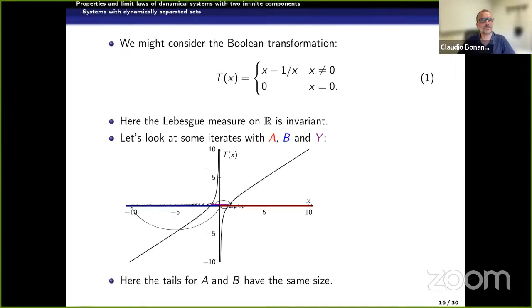Well, this is a very nice example to look at. What you could look at is basically an indicator function on B or an indicator function on A, and asking, if you look at the Birkhoff sum of the indicator function of B, which distributional laws do you get?